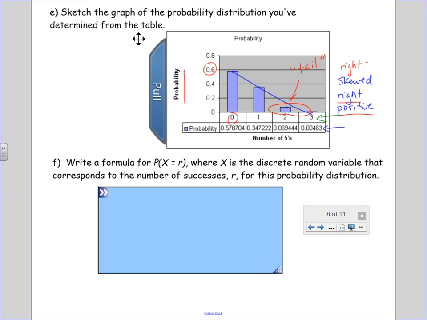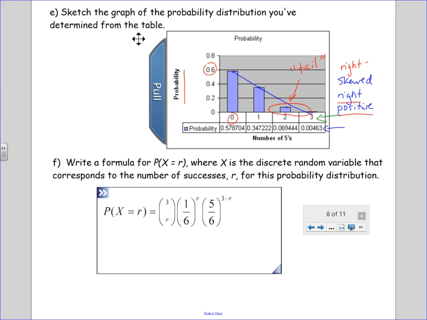Okay. Last but not least, no particular distribution would be complete without specifying the formula. So a formula that is in general for this situation is if you're looking for the distribution of all events X, where the roll of a 5 is a success, R is the number of successes.